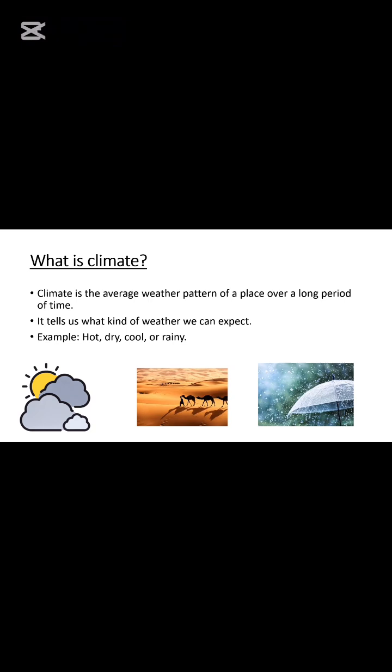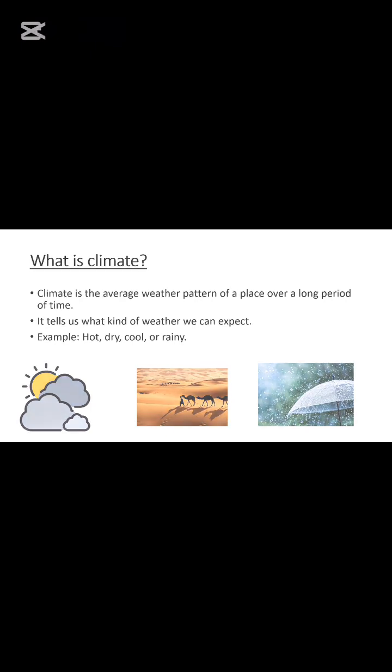This is what we mean when we say the climate tells us what kind of weather we can expect. In the Sahara Desert, we can expect hot, dry weather, hot, dry climate, whereas in the Antarctica, we can expect cold and wet climates.